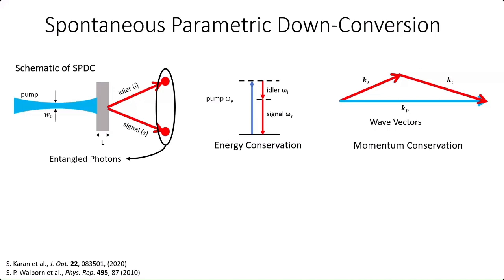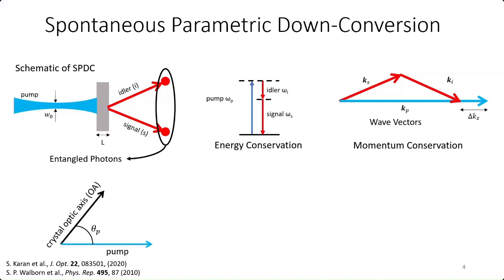However, if the wave vectors do not match up perfectly, then we have a delta kz mismatch, which decreases the efficiency of the process. The pump propagation direction and the crystal's optic axis make an angle theta p between them, which is known as the phase matching angle. And delta kz here is essentially a function of theta p.